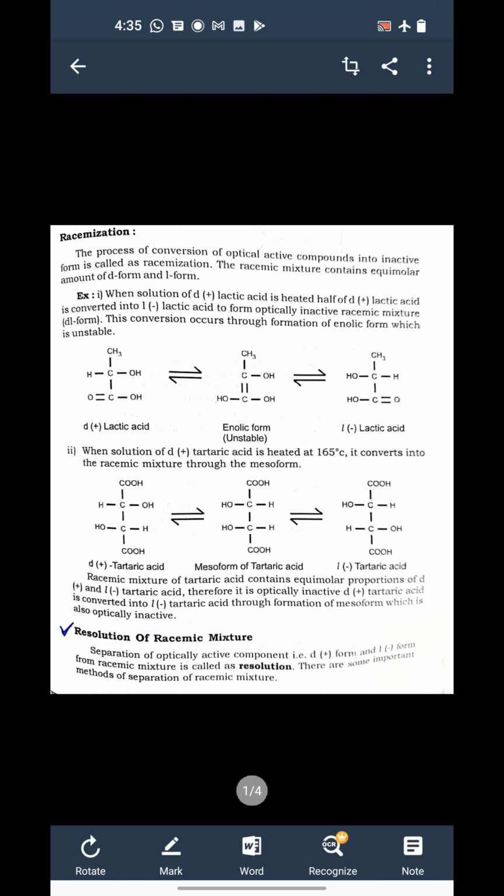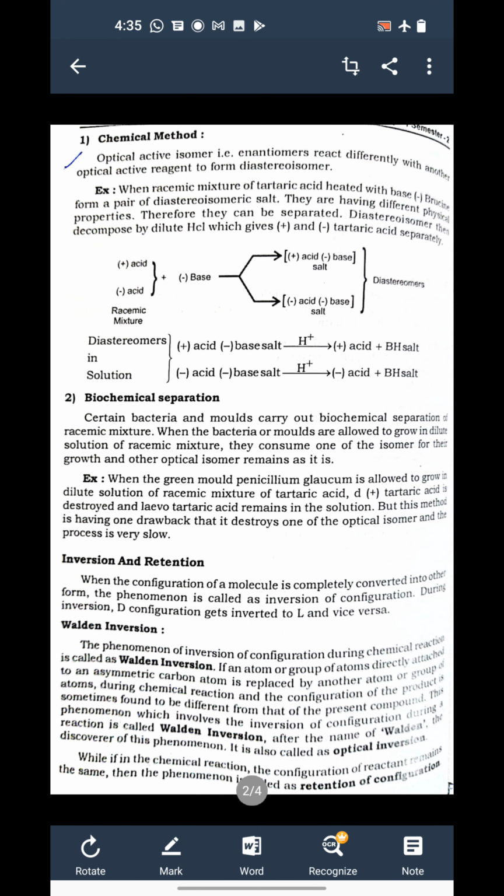When we separate the optically active compounds, that is D form and L form, from the racemic mixture, we call it resolution. Now there are actually three methods of separation of a racemic mixture. The first one is the chemical method, then the biochemical method, and one mechanical method is also there, but that is not included in your syllabus. So we just discuss two methods.